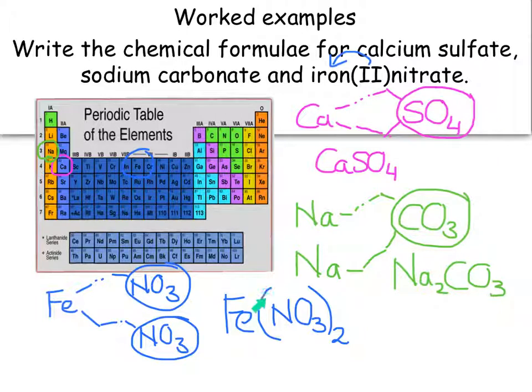You only use the brackets when you have got more than one of a polyatomic group. Then you use the brackets in order to symbolize that the group is duplicated in the molecule. Also notice that in every single formula, I never, ever write stock notation. The stock notation is only written in the name of a compound. So this is all neatened up.